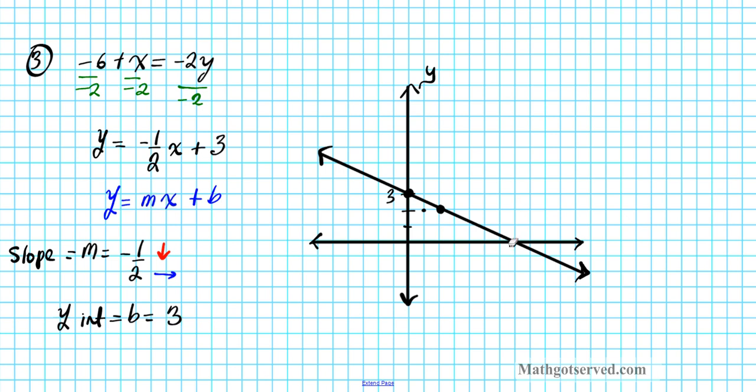So the equation of this line is y equals negative 1/2 x plus 3 if it is in slope-intercept form, or negative 6 plus x equals negative 2y, which is a form consistent with the original format we were provided with. Okay, so this is how you basically draw the graph of lines.